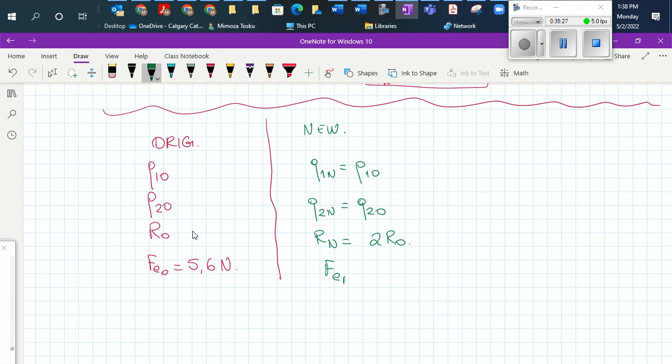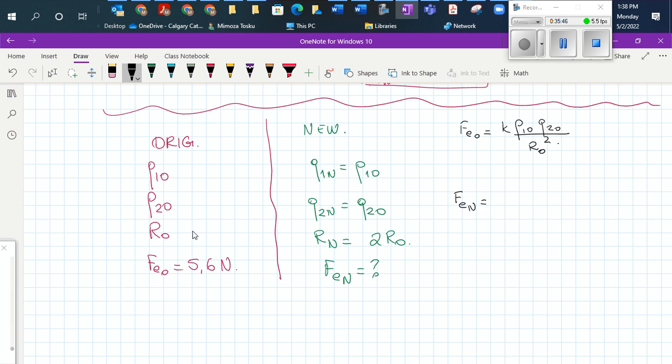What is the new electrostatic force? So based on Coulomb's law, the original electrostatic force is K, Q1 original, Q2 original over radius original squared.